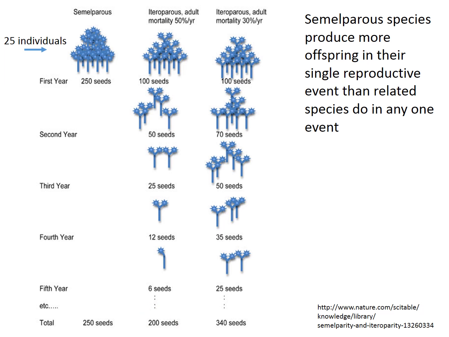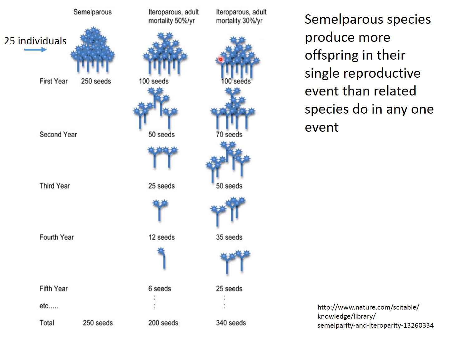However, let's now imagine another scenario with only one small difference. Again, we have an iteroparous species that starts with 25 individuals, but the mortality rate is now slightly lower at 30%.